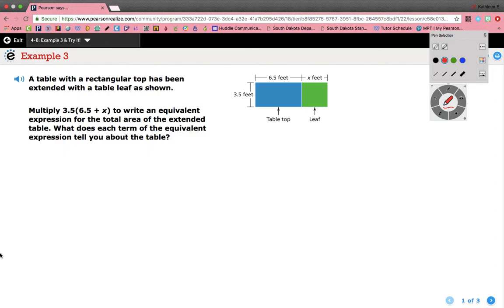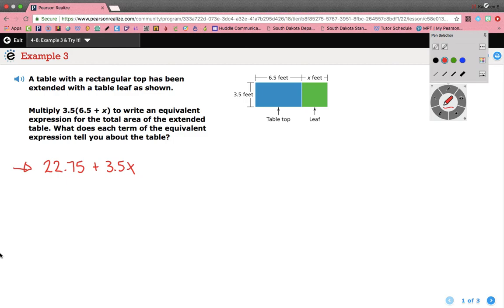Okay, so if we distribute 3.5 times 6.5, 3.5 times 6.5 is 22.75, plus 3.5 times x is 3.5x. Well, we wrote an equivalent expression. It's right here.